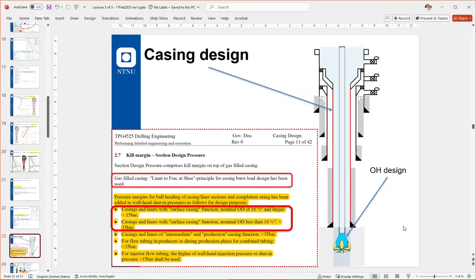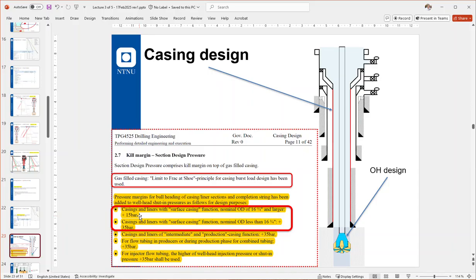As I indicated earlier, for killing, we have input from governing documentation. In casings or liners larger than 6 3/4 inch, we add 15 bars. So say that a gas-filled casing will give you 100 bar as the maximum possible shut-in wellhead pressure.